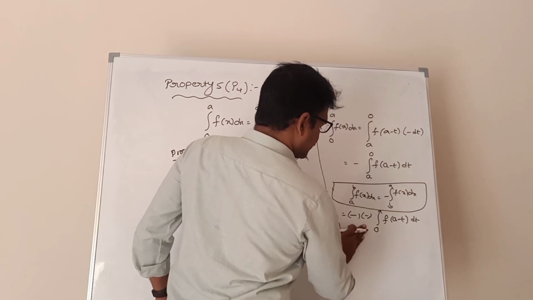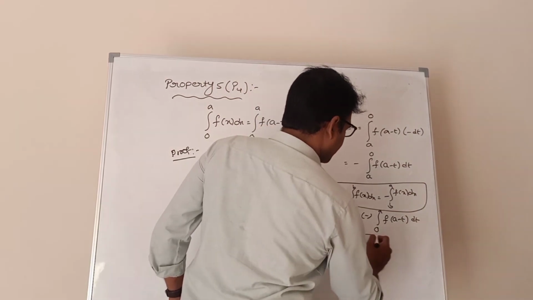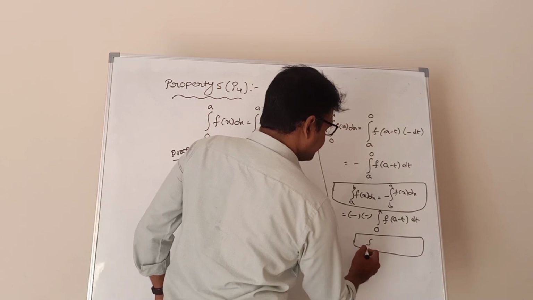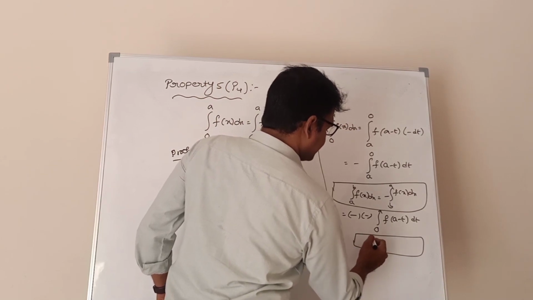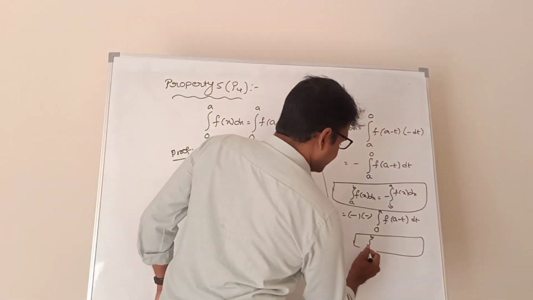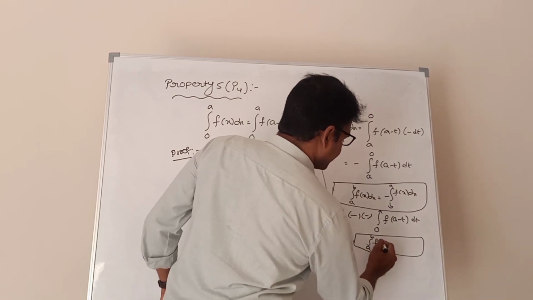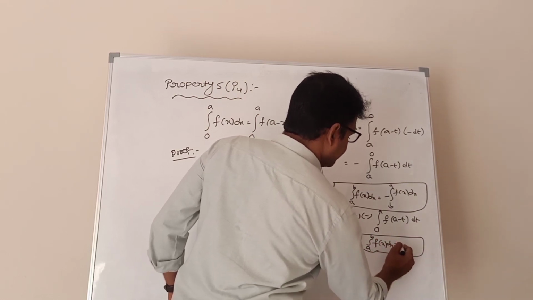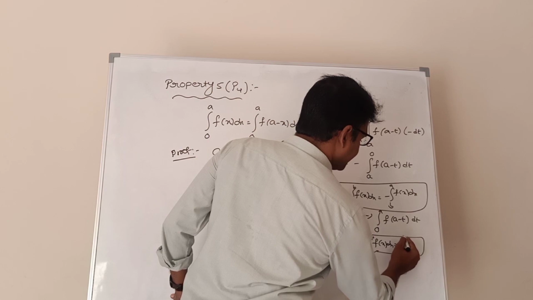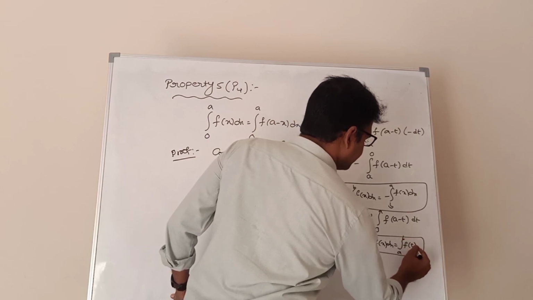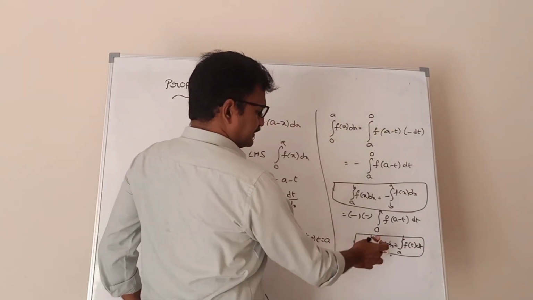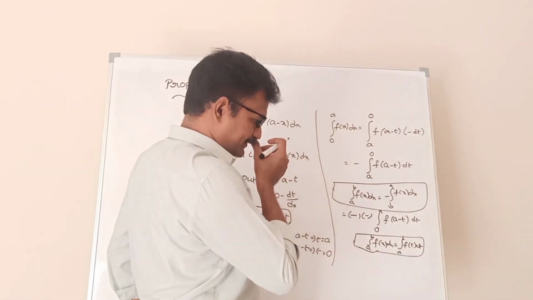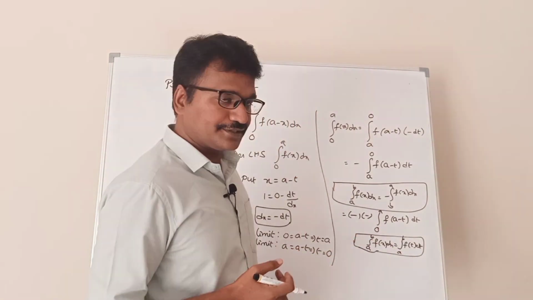Next, according to property number 1, integration of a to b f of x dx is equal to integration of a to b f of t dt. So wherever x is there we can replace with t, and wherever t is there, we can replace it with x.